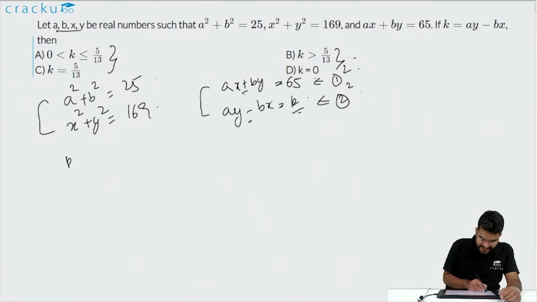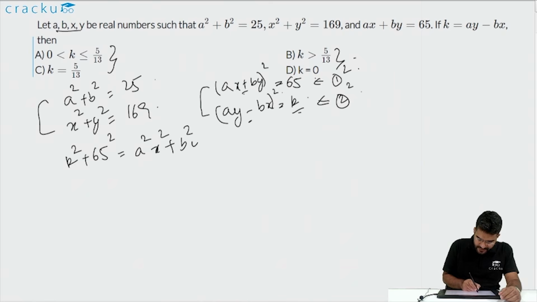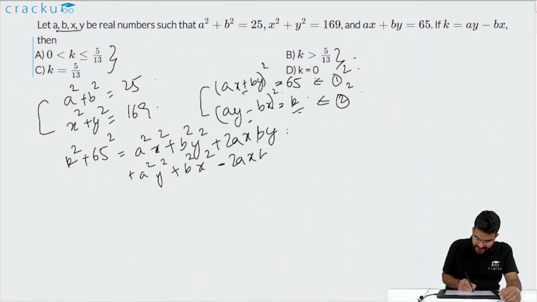So basically k square plus 65 square is equal to this square plus this square, which is equal to a square x square plus b square y square plus 2axby. This is 65 square plus a square y square plus b square x square minus 2axby.